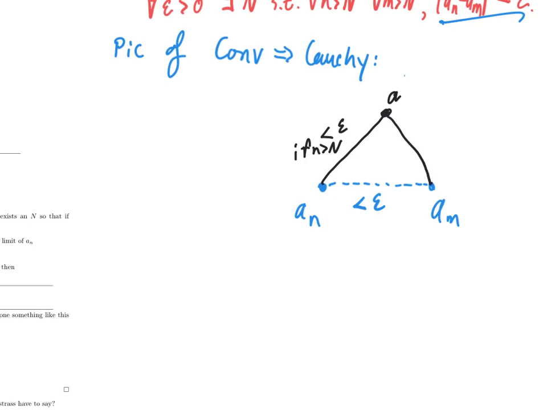Similarly, if little m is bigger than that same threshold number big N, then this side is less than epsilon. That'll give this distance being less than 2 epsilon, which isn't what I need. But at this point, we know what we need to do. If instead those things were less than epsilon over 2, this length would be less than epsilon, which would give me what I need. Cool.